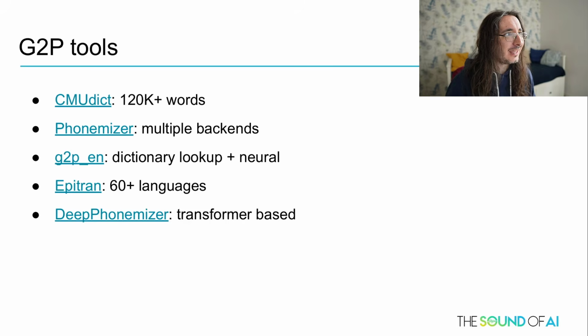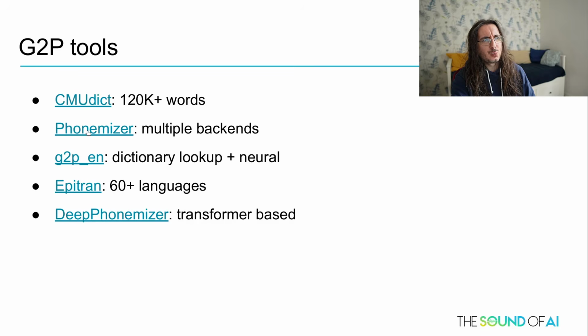Okay, so let me share some of the G2P tools that I use when I work with voice cloning or text-to-speech. Of course, we have the Carnegie Mellon University Dictionary with phonetic transcriptions for more than 100,000 words. We already saw that.